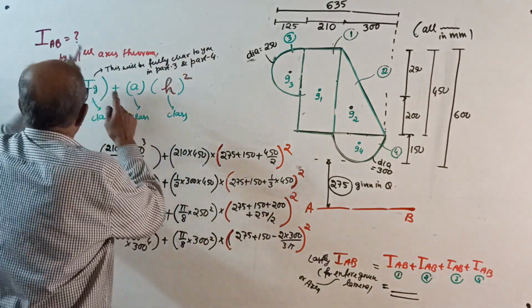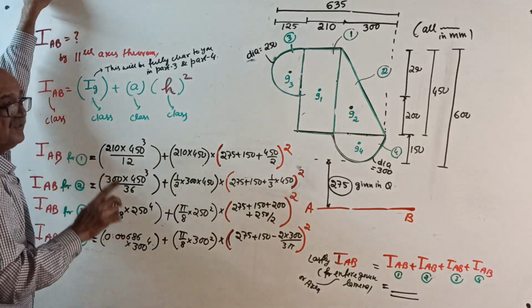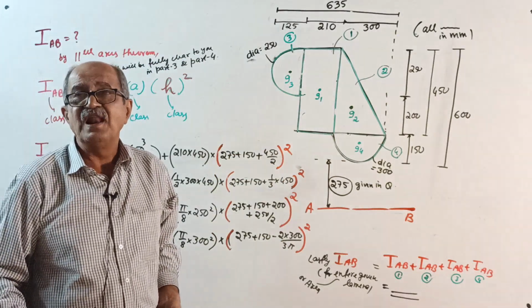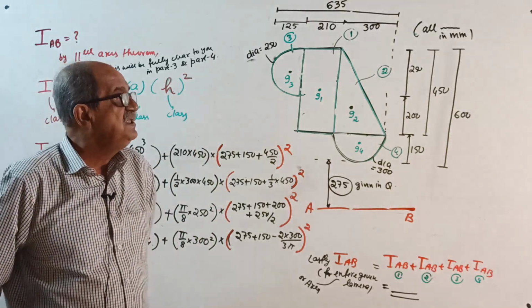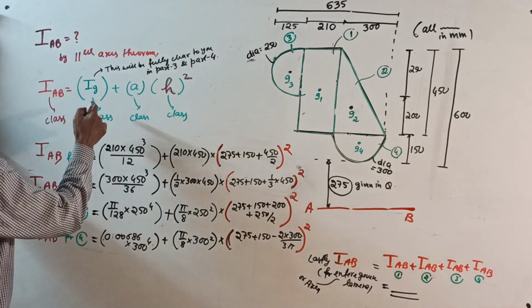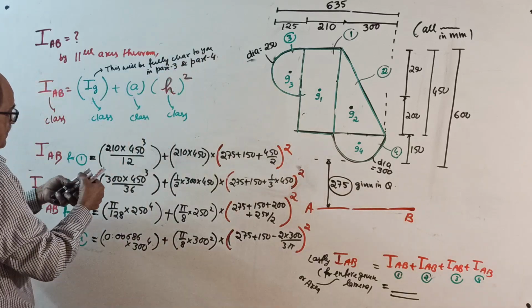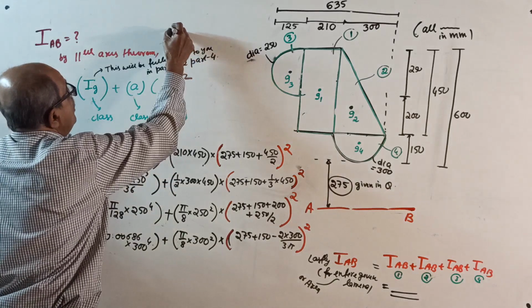Now, the IG term I will not explain to you because this is part 2. Actually you know it all already, but the summary I have not given. Till I give the summary, just believe me. This will be fully clear to you in part 3 and part 4.